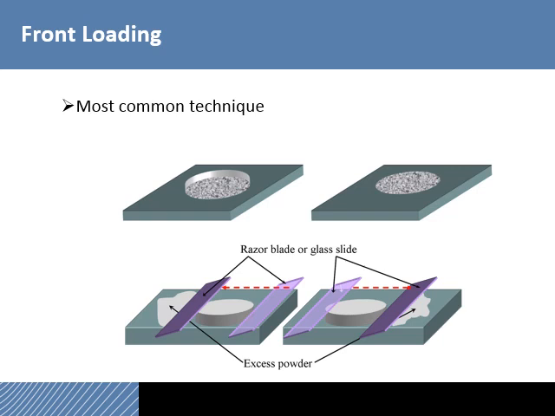If you were to fill this in, it might be somewhat randomly oriented as you drop it into the well of the holder. But then once you drag something across the surface, you not only flatten out the top of that surface, but potentially even orient the grains in the same direction, which will just exacerbate any preferred orientation that you have.